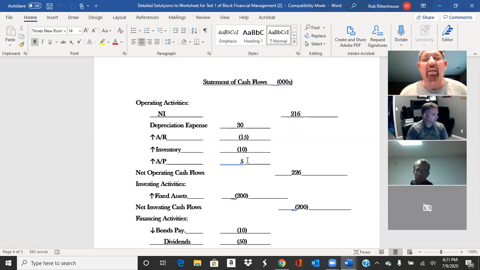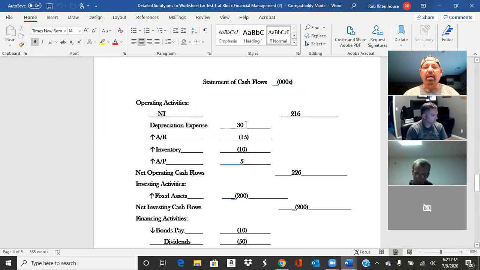What it does mean is we already factored in, between the cost of goods sold figure on the income statement of 300,000 and the adjustment for inventory of 10,000, the total amount of purchases we had. But because of the increase in accounts payable, yeah, we had 310,000 in purchases, but because accounts payable went up 5,000, we actually only paid 305,000 in cash for those.